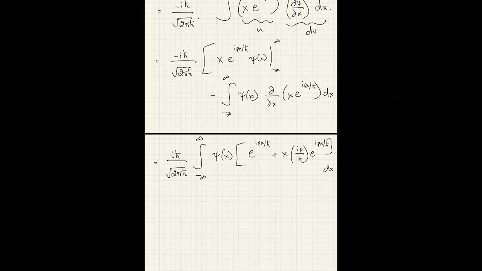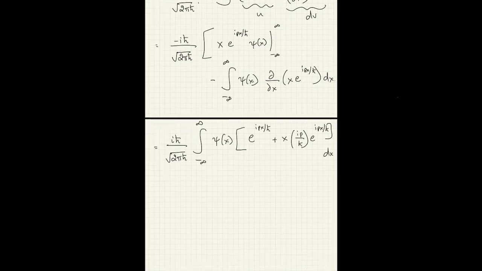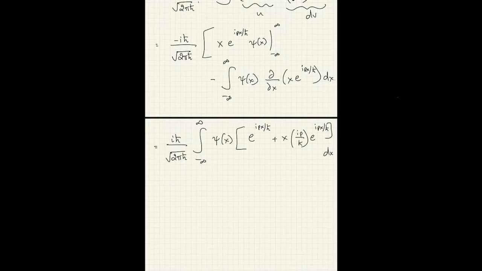So let me look at everything, see if I've gotten things correct. Okay. All right. So I will write these two terms separately. So the first term is i h bar times the quantity square root of 2 pi h bar, integral from minus infinity to infinity dx e to the i p x over h bar psi of x dx. That is the first term.